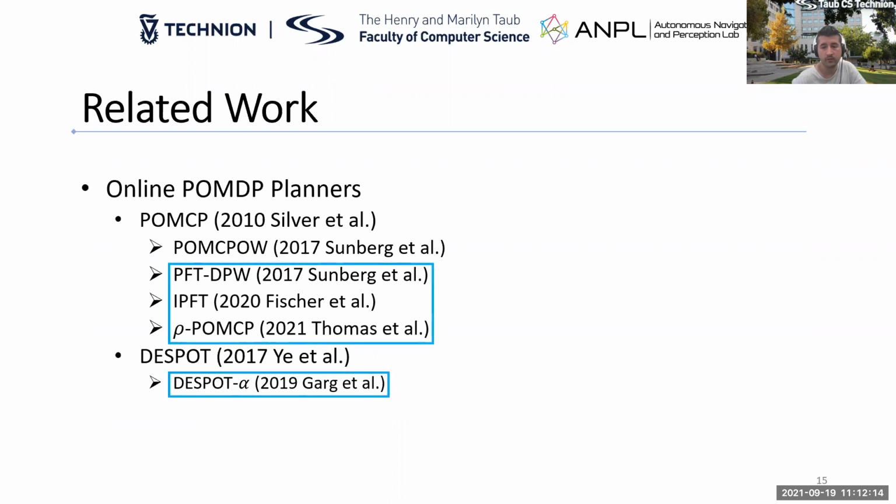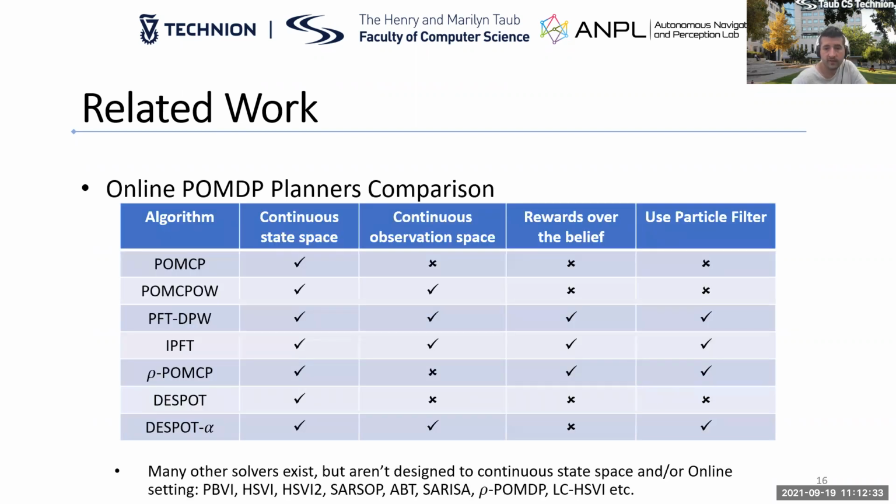Out of the lot above, only these four use a particle filter, which lays the basis for continuous domains and information theoretic rewards. But in truth, for various reasons, out of those four, only these two can handle information theoretic rewards in continuous state and observation spaces. If you asked me which solution can handle which difficulty, I've summed it all up here in this chart.